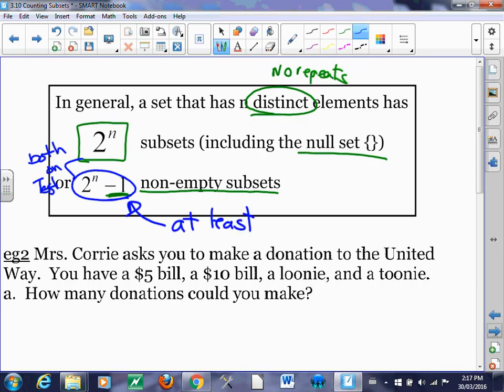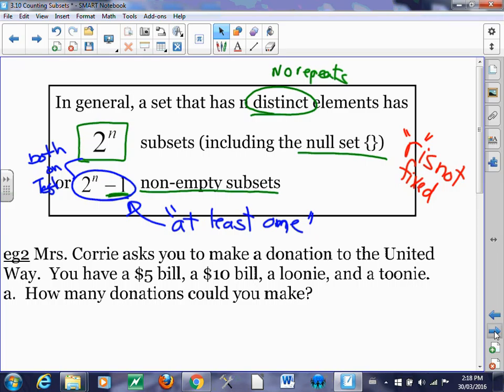If you see at least 1, then you're going to be using this formula. That's key wording. And remember, you might want to write down beside this formula that r is not fixed, so the number you're selecting is not fixed.